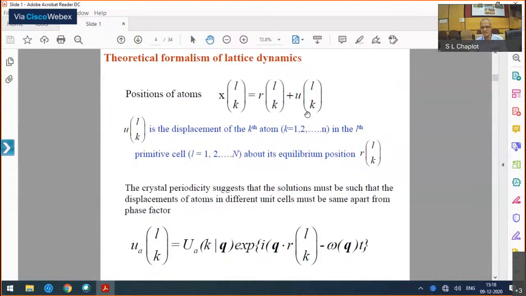So the vibration that we are talking about has a wave vector q and a frequency omega. Omega is again a function of q, and R is the equilibrium vector from the origin. So that is the phase term, and that is the amplitude. That is the kind of solution one tries, and that is essentially making use of the fact that we have a periodicity, and the periodicity essentially comes in this phase vector.